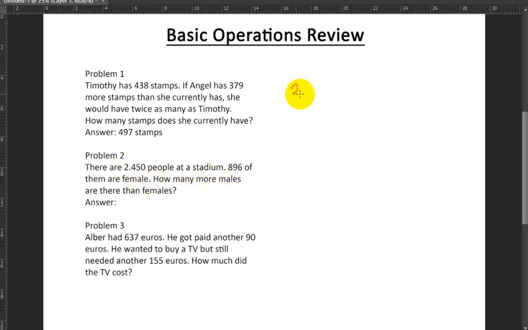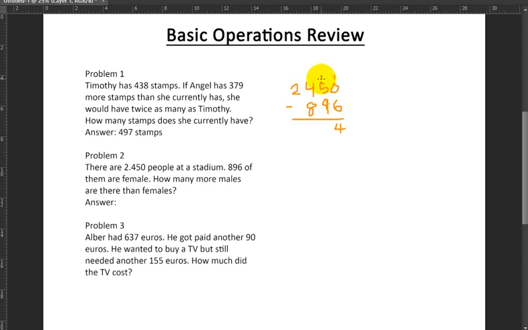Let's do that. 2,450 minus 896. Okay, I borrow here and I do 10 take away 6, which makes 4.